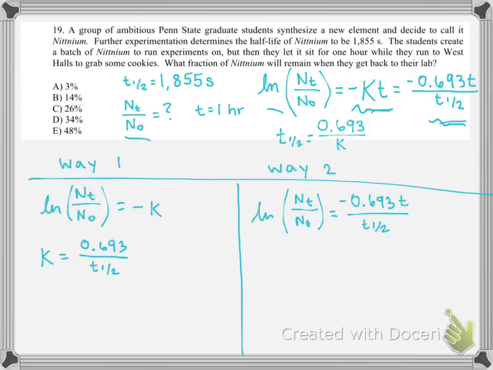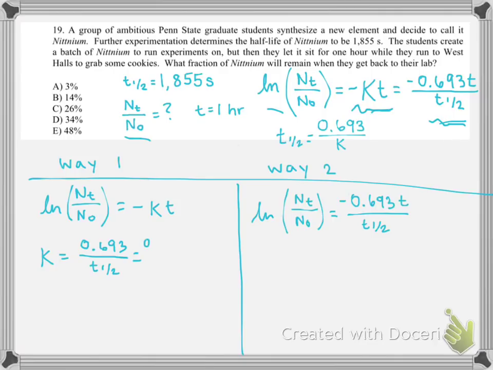Okay, so starting with way 1, we're going to use the natural log of NT over N0 being equal to negative KT. So, to solve this, we need to figure out what our K is, and that's going to be equal to 0.693 divided by T1/2.